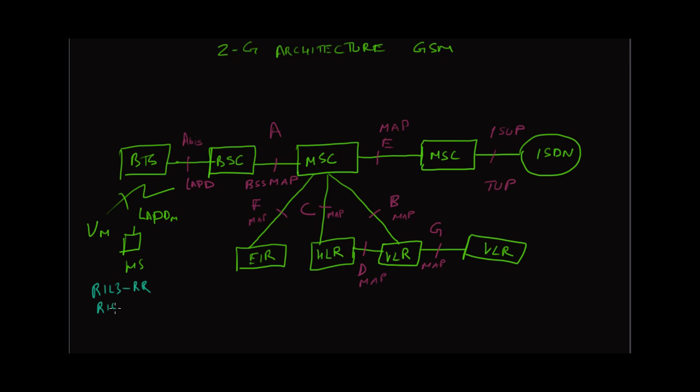The second type of message is the RIL3 MM message, which is mobile management, responsible for ciphering, authentication, location update. The third type of message is the CM message, which is responsible for call management, setup, alerting, and disconnect. So these are the three types of messages that you will be able to see going back and forth in the information field of the LAPDm protocol structure.